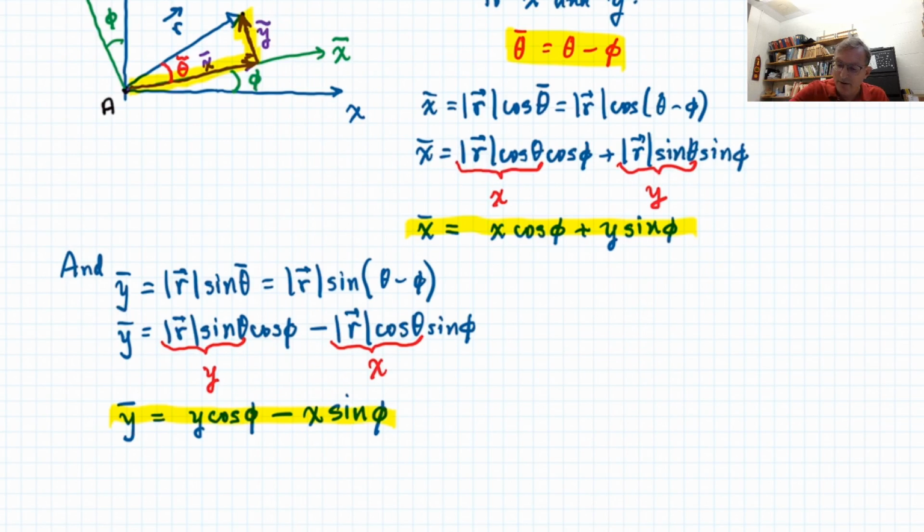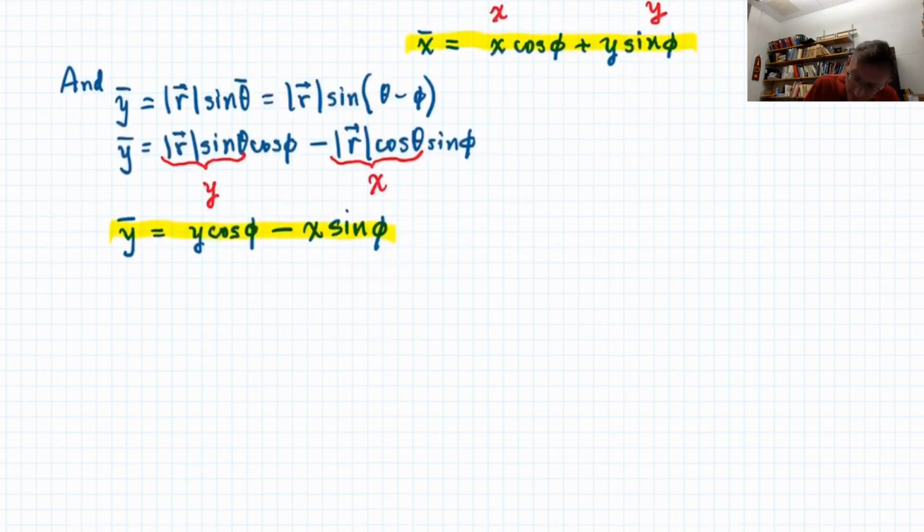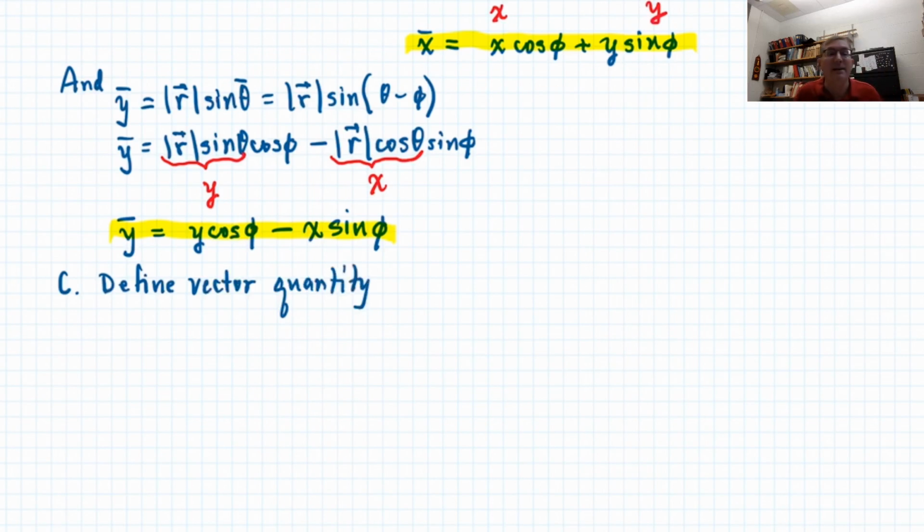All right, now with those two expressions, we're ready to define a vector quantity. This is how we're going to define it. I will write it out since it's important, our new formal definition of a vector quantity.